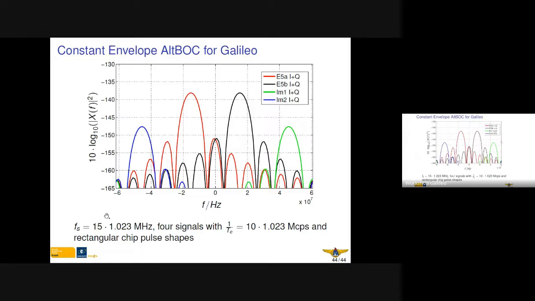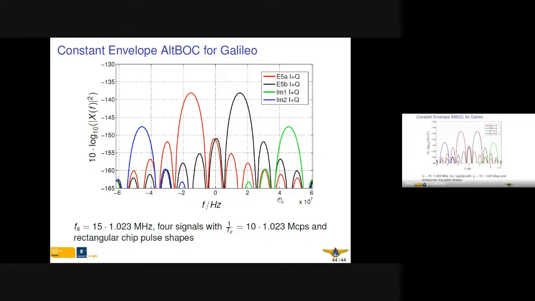And this is a specific example, where the subcarrier frequency is 15 times 1.023 megahertz, and we have a chipping rate of all these signals of 10 times 0.3 megachips per second.